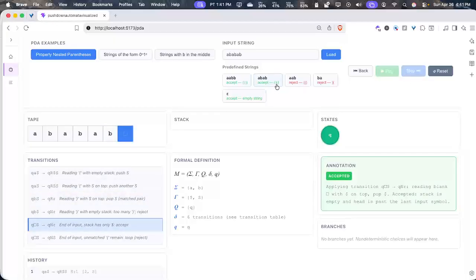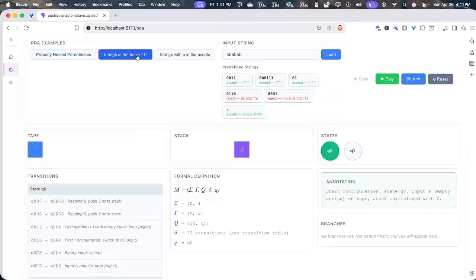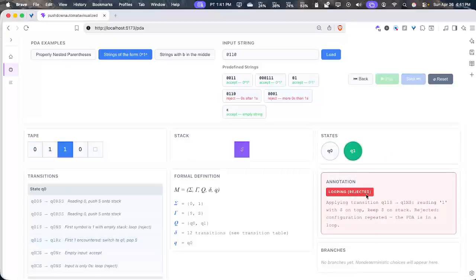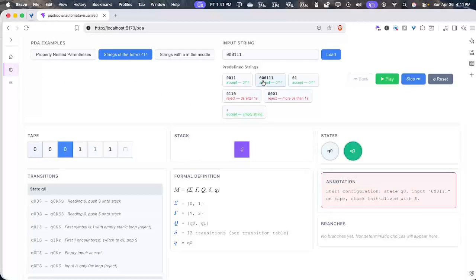Because those are also properly nested parentheses. And with something like strings of the form 0^n 1^n, we actually cannot ever go back to the zeros. If we were to do something like that, it would automatically get rejected. We don't want that to be the case when we're building this machine out. And so other than that, it plays in a very similar way.